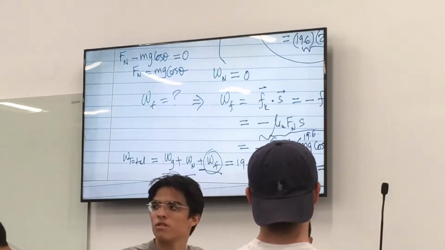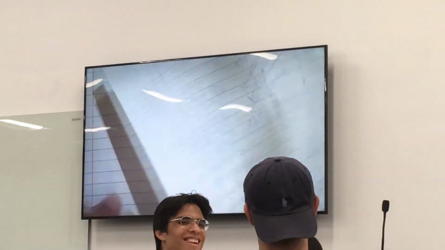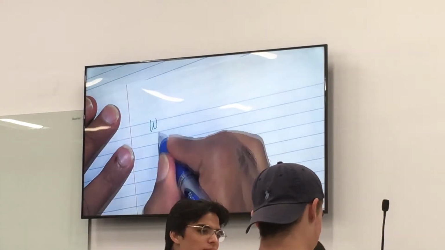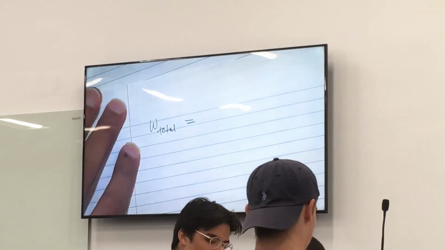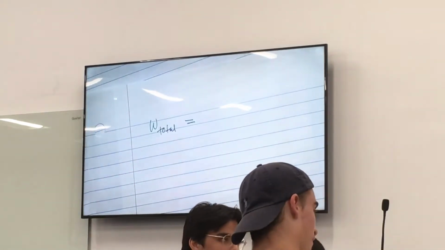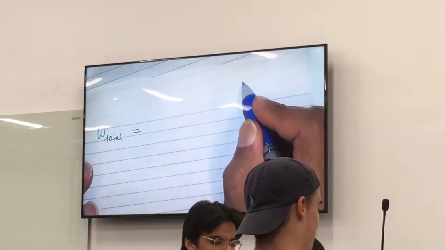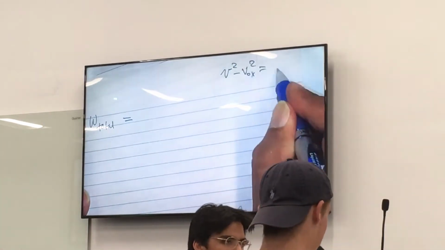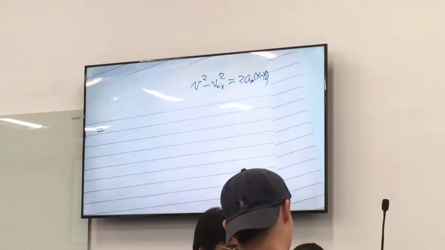20 minutes? 25, okay. So now, the good thing about the total work, the work energy theorem, you already did this, it comes from chapter 2. When you wrote this equation, v squared minus v0x squared equal to 2ax times x minus x0. Remember that equation?